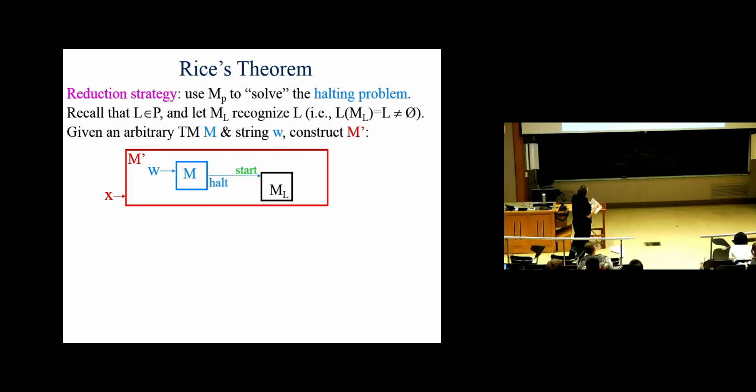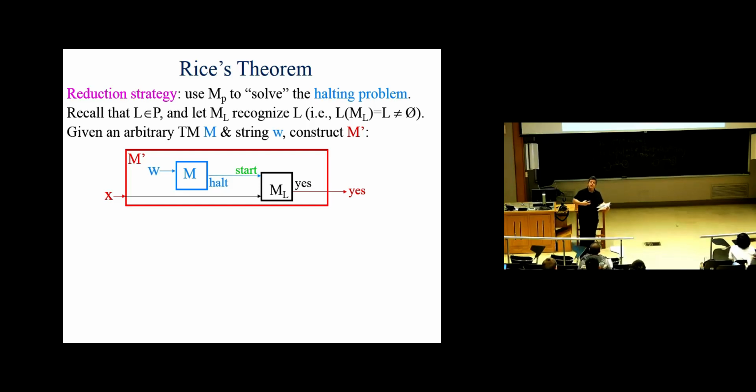And if M and W halts, it will then automatically start simulating the machine for L. L is this language that we picked out of the property earlier, a couple of slides ago. That's not the empty language. And if M sub L, the machine of the language L, accepts, we then say yes. We is implicitly this M prime that we're constructing.